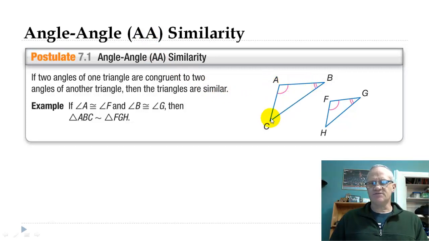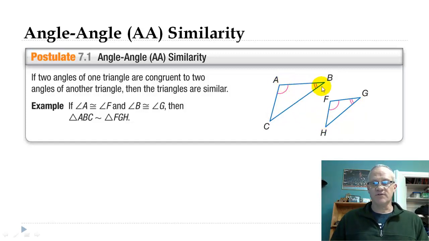If you look at triangle ABC, you notice angle A is 1 mark, angle B is 2, and in the other one, angle F is 1, angle G is 2. Well, if you remember, there are 180 degrees in every triangle. So if A and F are congruent and B and G are congruent, well then C and H, what's left, has to be the same, right?